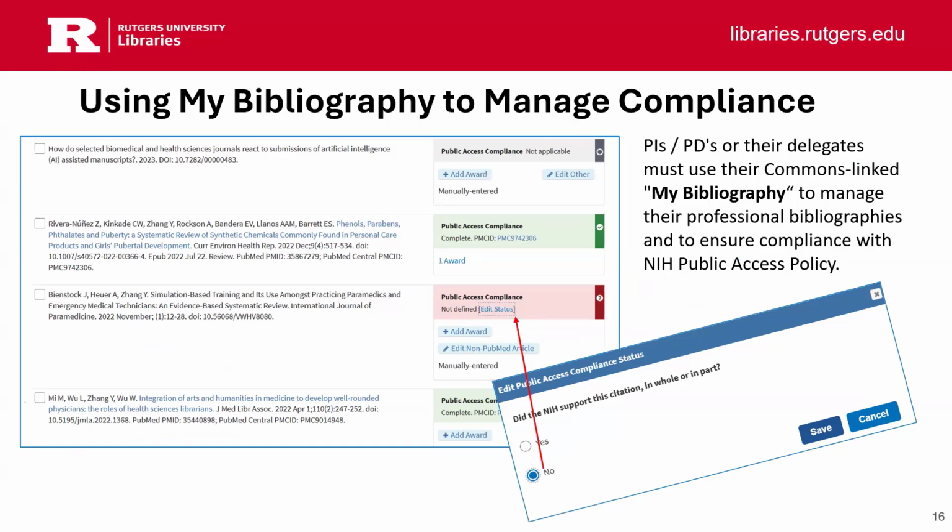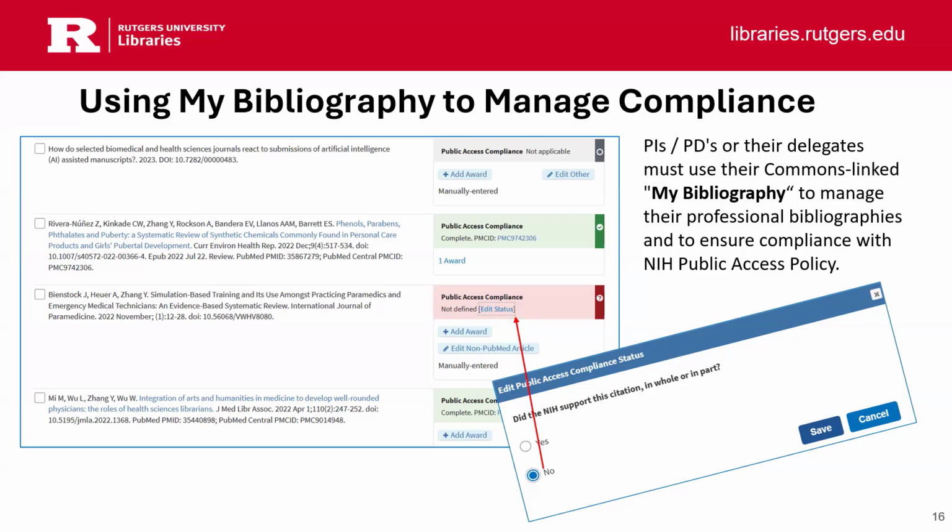So here's a screenshot of My Bibliography. My Bibliography is a tool that can be used to manage compliance. When you log into your My Bibliography, if you see something red, that is a flag that you need to take action. If it's associated with an award, then you will choose an option, whether you're starting to submit, you already have submitted, or completed.